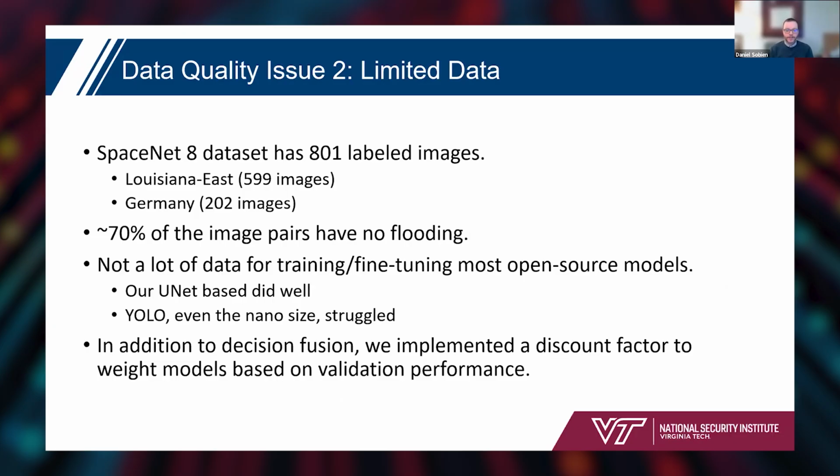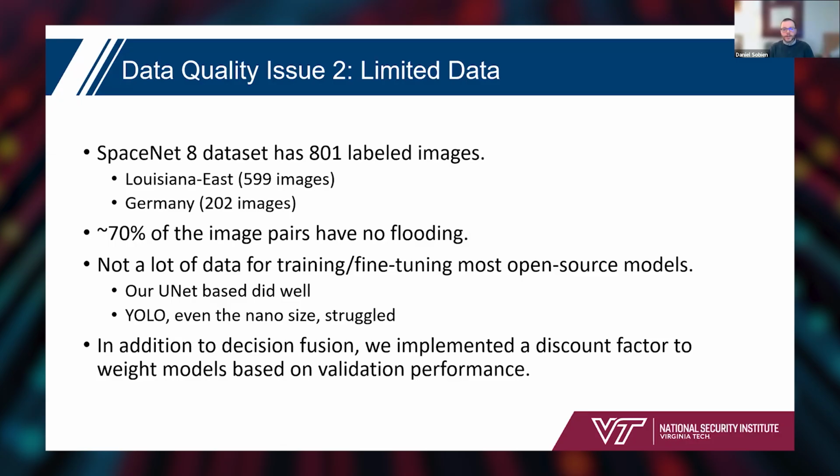This data set has only about 800 labeled images in the whole data set, which isn't really a lot for computer vision. Of those, about 70% of them don't have any flooding going on in them.